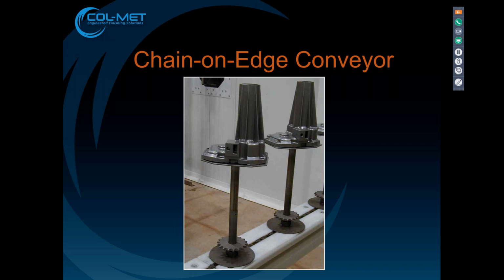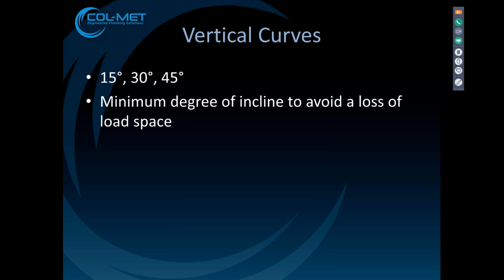One thing to consider on an overhead conveyor are the vertical curves. Sometimes, because of floor constraints available to us in the plant, we have to go overhead or higher with some of the equipment. And when we do that, we have to raise the height of the conveyor in some areas. When we're doing that, we need to keep in mind that we need to minimize the degree of incline to avoid loss of load space. Typical vertical curves are 15 degree, 30 degree, or 45 degree.